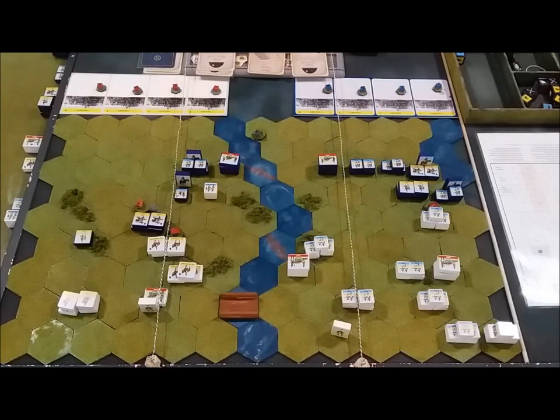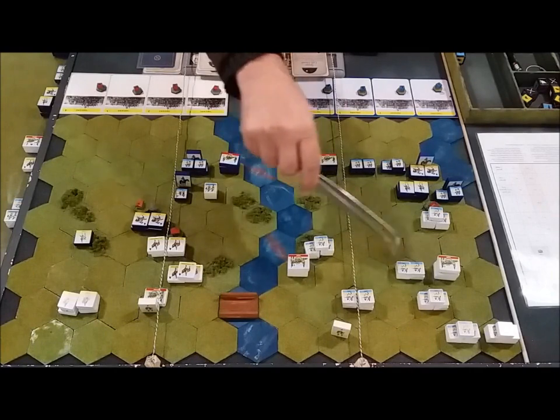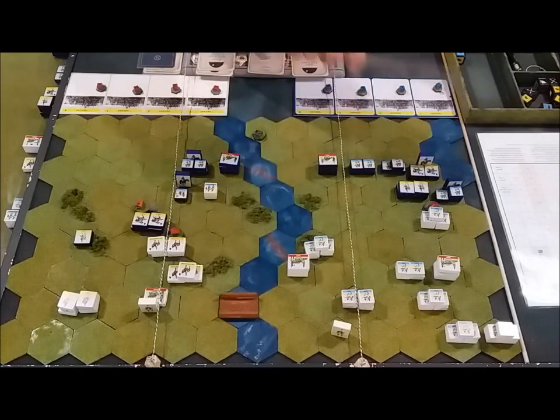Now, a short supply is good in that we could kick him out, and there's no way in the world they can get anybody up into here in their next turn. But we don't really want to do that at the moment. It's not really going to achieve a great deal. So probe right, attack right.